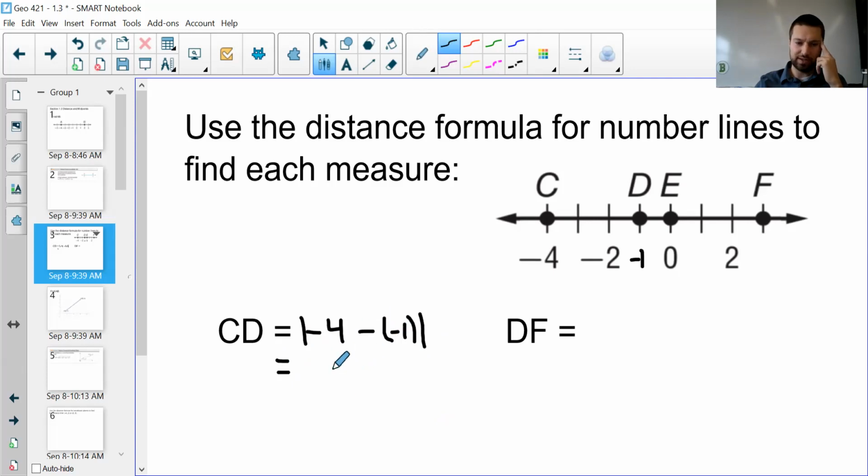So -4 minus a -1 becomes -4 plus 1, minus a negative becomes positive. Okay, and that gives us the absolute value of -3. It's a nice 3. Look at that. Okay, and so that equals 3.